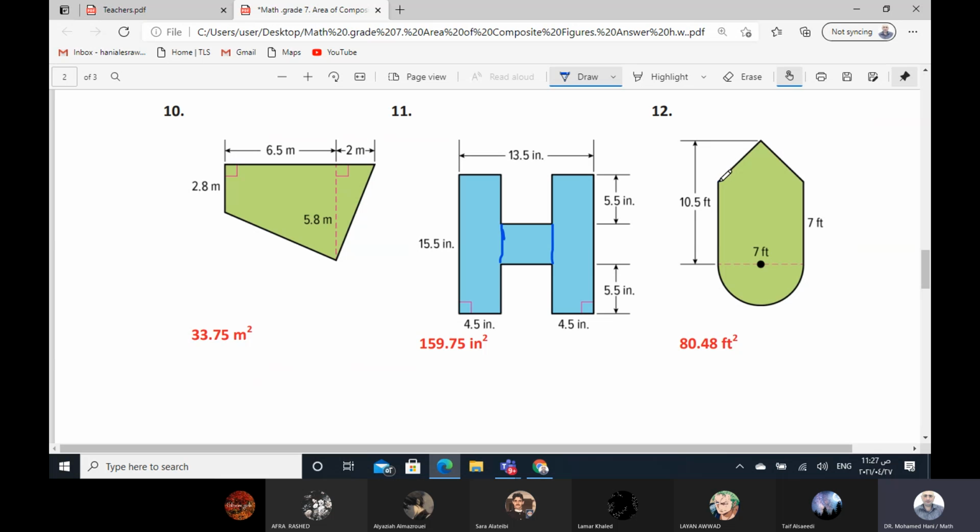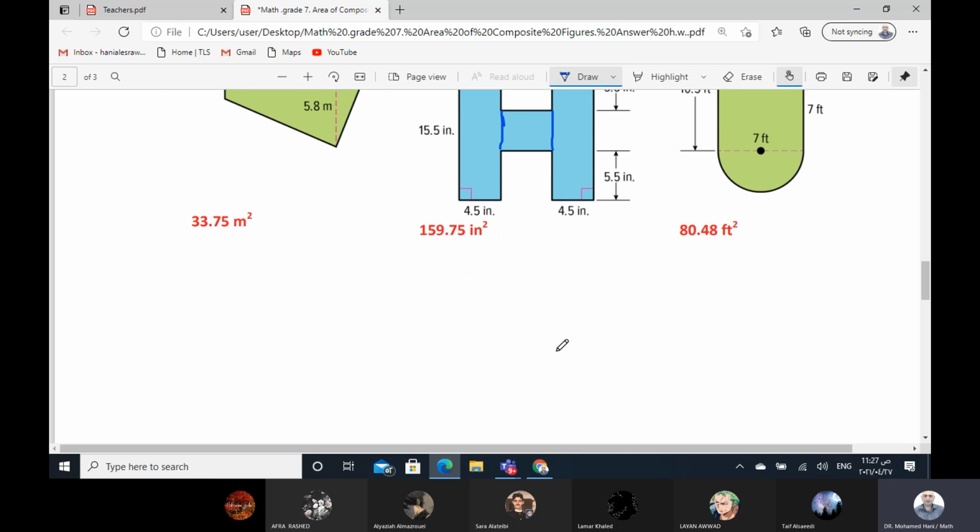And here also we can draw the line here. Now here we have triangle, here we have rectangle, and here we have the semicircle. Find the area of triangle, the area of rectangle, then the area of the semicircle. Then you can add the three areas to find the area of the composite figure.